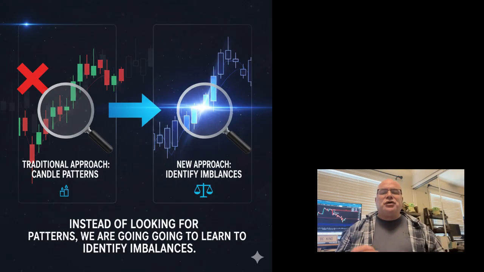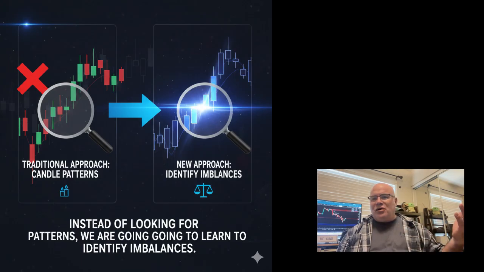You're no longer going to be looking for candle patterns. You're going to be looking for imbalances. It's easier to identify. If you've ever looked at a chart with all these different Japanese candle patterns that people try to get you to memorize, how many times have you failed on those trades? A lot.